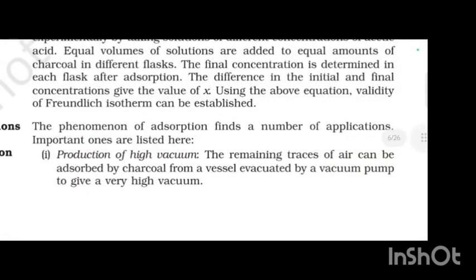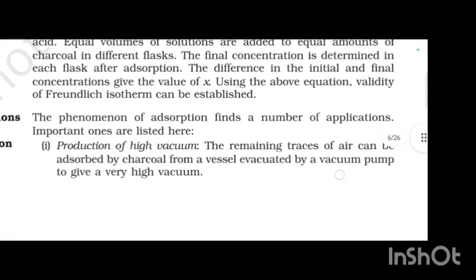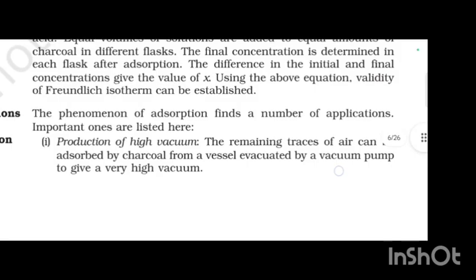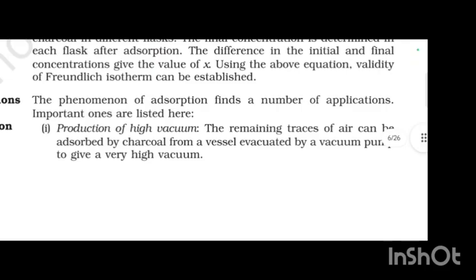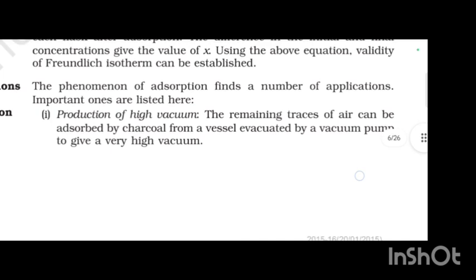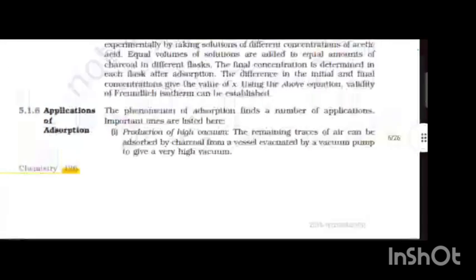Equal volumes of solutions are added to equal amounts of charcoal in different flasks. The final concentration is determined in each flask after adsorption. The difference in the initial and final concentrations gives the value of x. Using the above equation, validity of the Freundlich isotherm can be established.